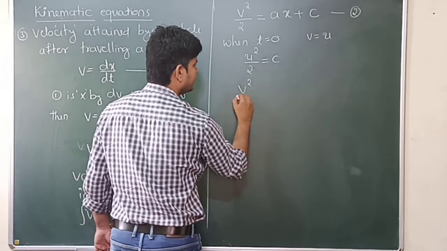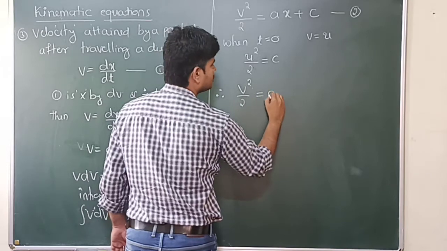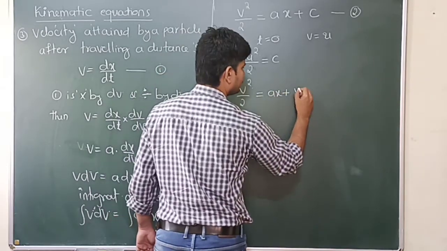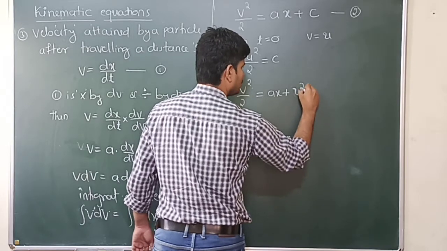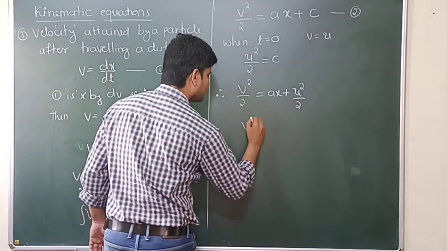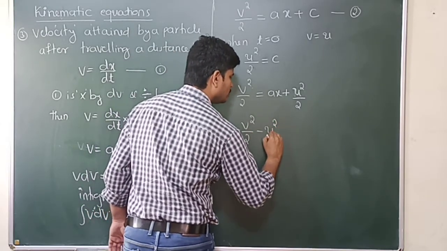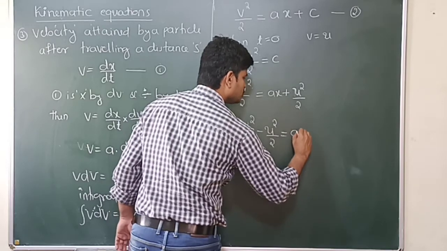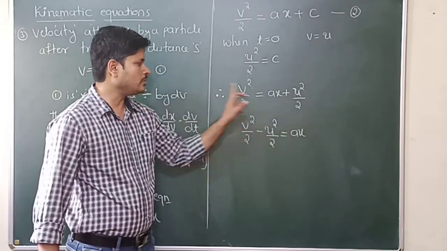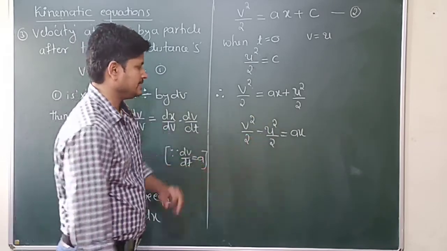That becomes v square by 2 is equal to ax plus u square by 2, or otherwise v square by 2 minus u square by 2 is equal to ax. Just take this u square by 2 to the left side, then it changes to minus here.